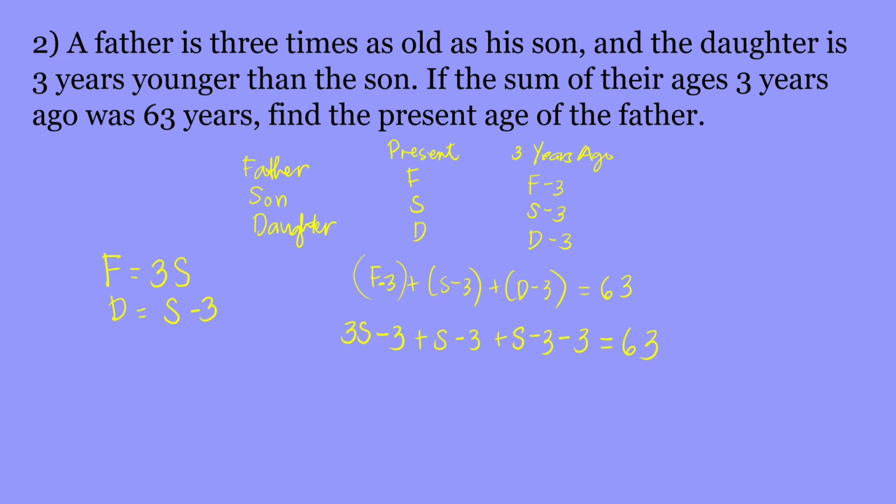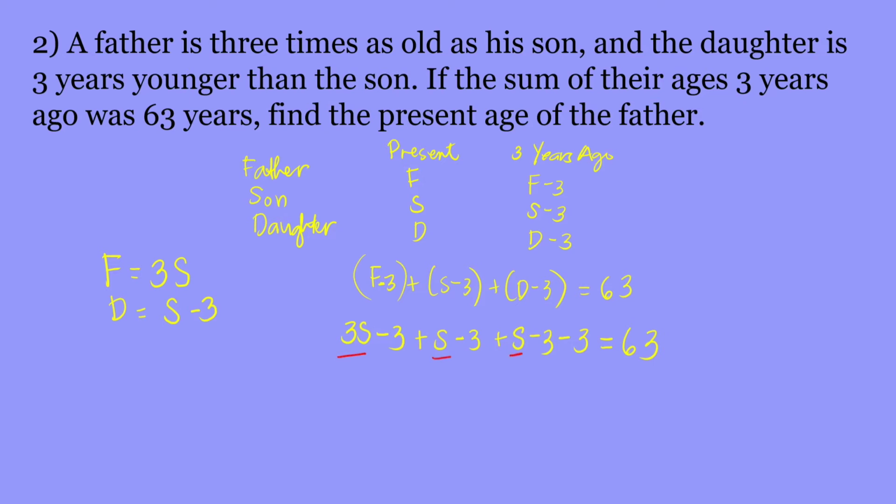Alright? So, again, this S minus 3 is the equivalent of letter D. The negative 3 here is this negative 3. So, we can see in this equation that there's only one variable, right? The variable S. 3S, S, and then another S here.